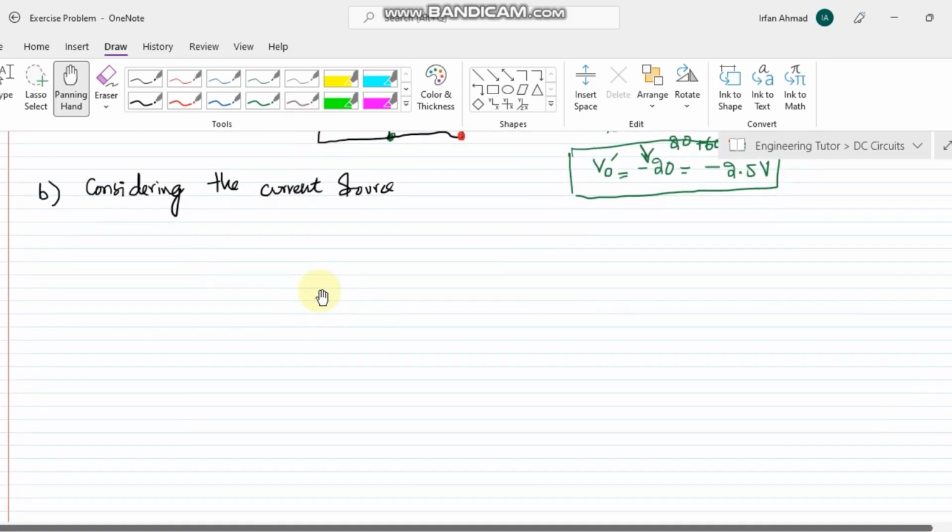Okay, so applying this, what circuit will I have? This one, and here the current source is connected, this one.